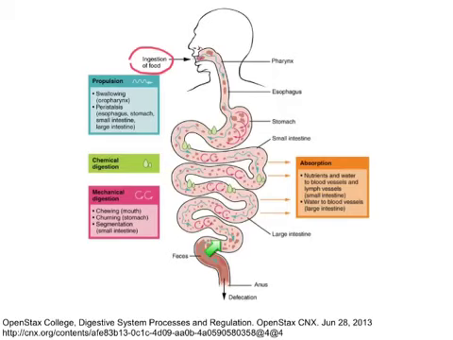Mechanical digestion: you've got chewing in the mouth, churning in the stomach, segmentation in the small intestine, haustral churning in the large intestine. Absorption happening mostly in the small intestine. Nutrients and water taken up. Some water is absorbed in the large intestine. The majority of the water is absorbed in the small intestine, but you get most of the rest of it taken up in the large intestine.